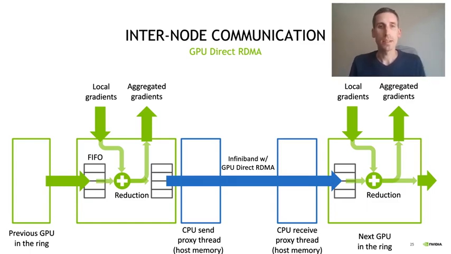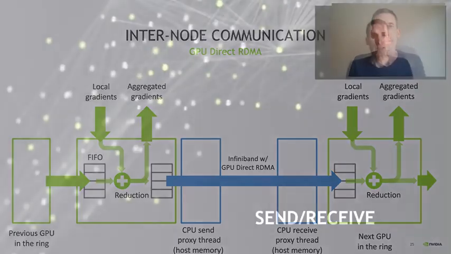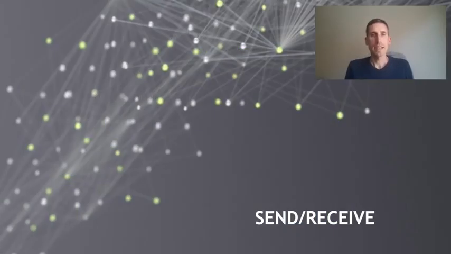Otherwise, that would make the bandwidth much lower. And this is especially important on NVLink systems, which are usually designed to aggregate the bandwidth of multiple NICs. And it's only by making sure that all the traffic stays on the PCI switches that we can have that multiplicative effect, adding up all the bandwidth from all the NICs together.